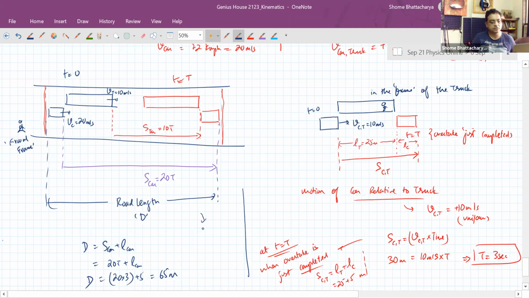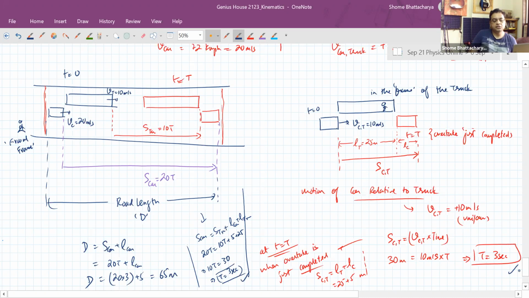So here also you can see that you can derive this result this way also.